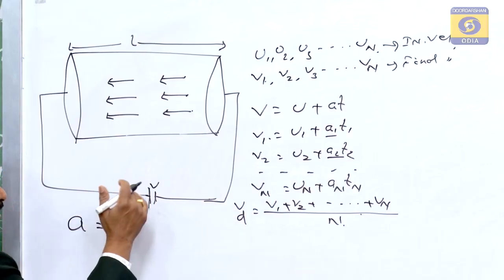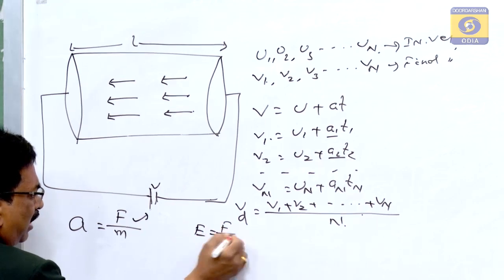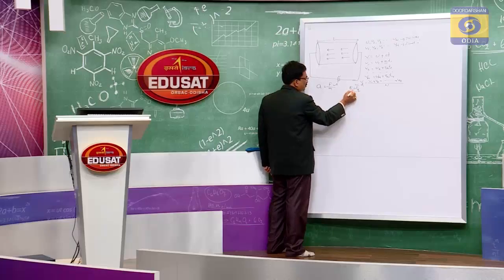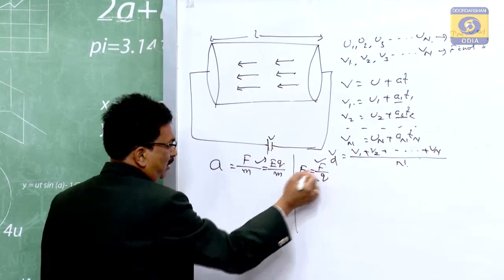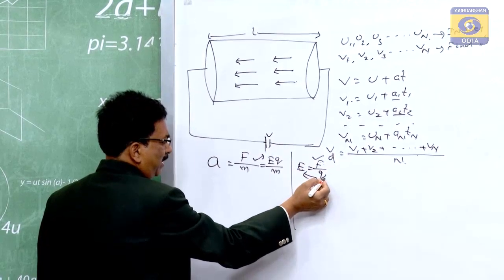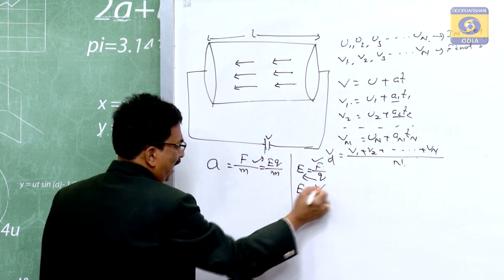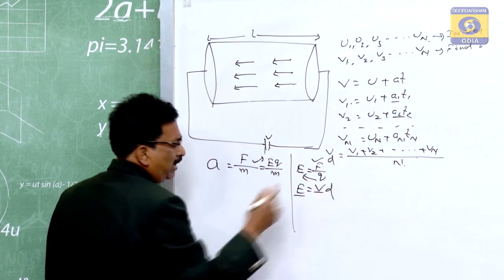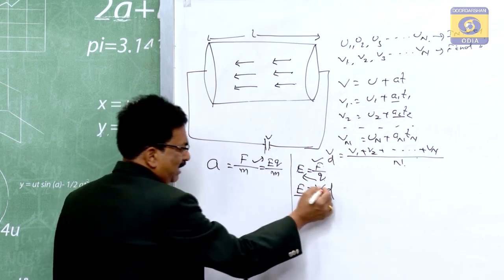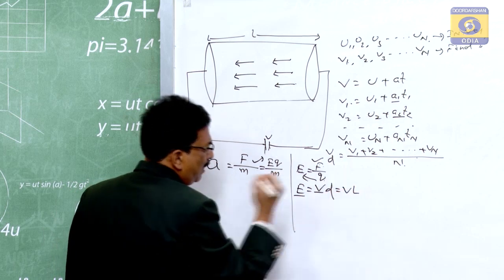As per the earlier chapter of electrostatics, E is equal to F by Q, so F is equal to EQ, and a will be EQ by m. For remembrance, E is equal to F by Q. Also, the electric field E is equal to the potential difference divided by the distance, which we have taken as L, so E is equal to V by L.